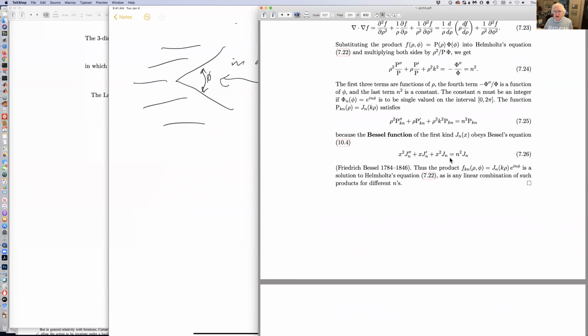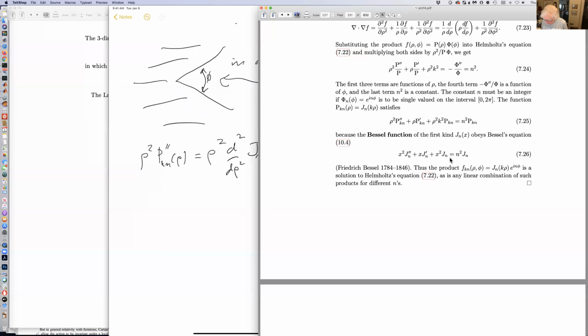So just as an example, let me try to do one of the terms. One of the terms is rho squared p double prime sub kn of rho. Now what would this be? Well, this would be rho squared, d2 d rho squared of Jn of k rho.